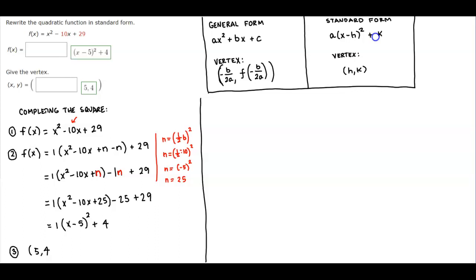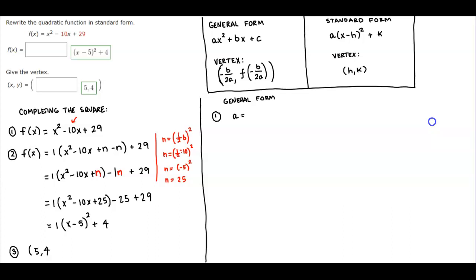Okay, now the other thing we can do is use the given information above here. So we can use this formula for the vertex using the general form. So in using the general form, we need to identify what is A, what is B, and what is C in our problem.